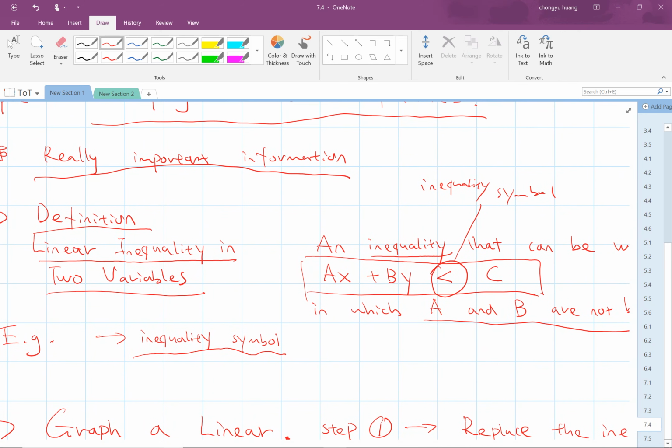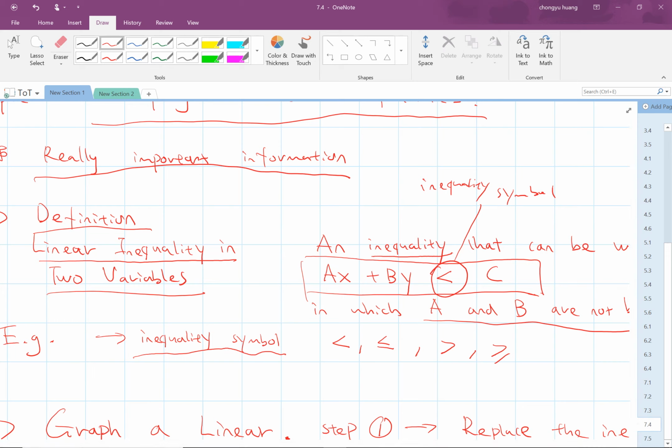There are basically four simple ones you need to know, the four inequality symbols. We have less than, then less than or equal to, and then we have bigger than, and bigger than or equal to. Let me write it a little more clearly.